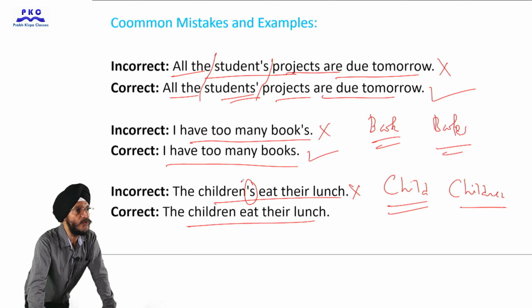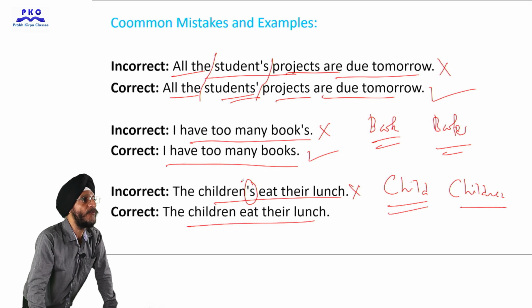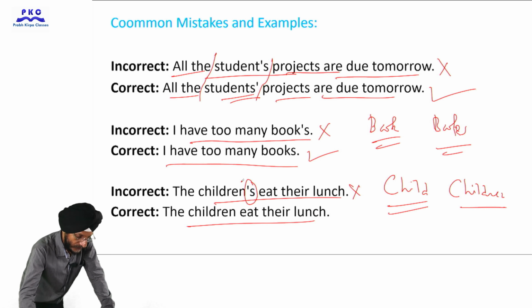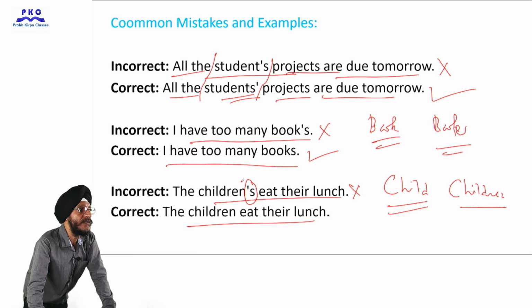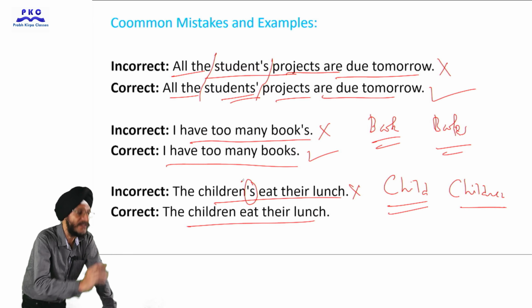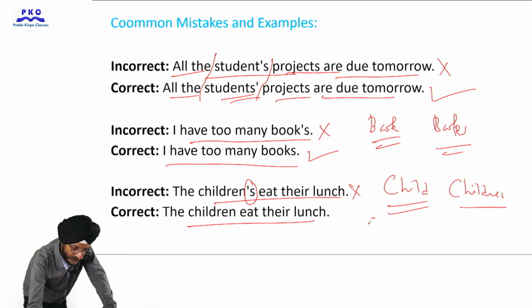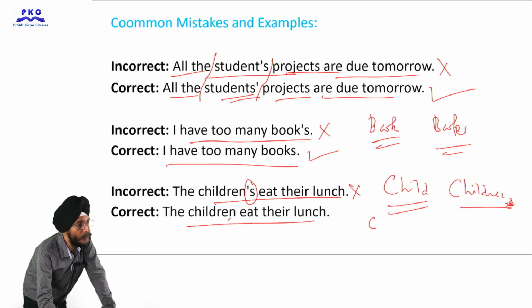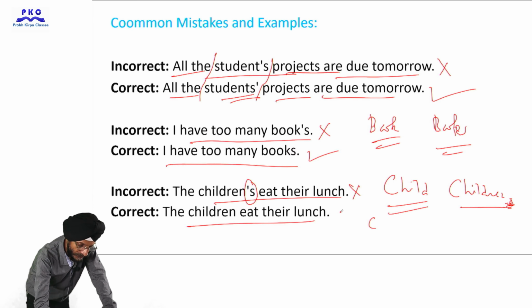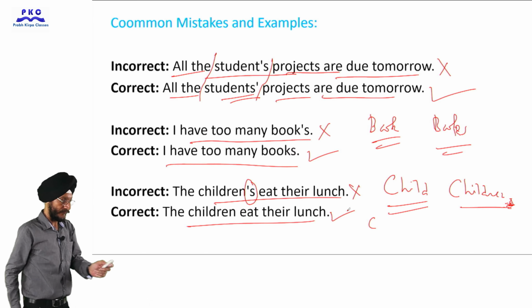Here the possessive form is not required, the plural form is required. The plural form is not children's, it is children. So we have already used children, so here it is okay.